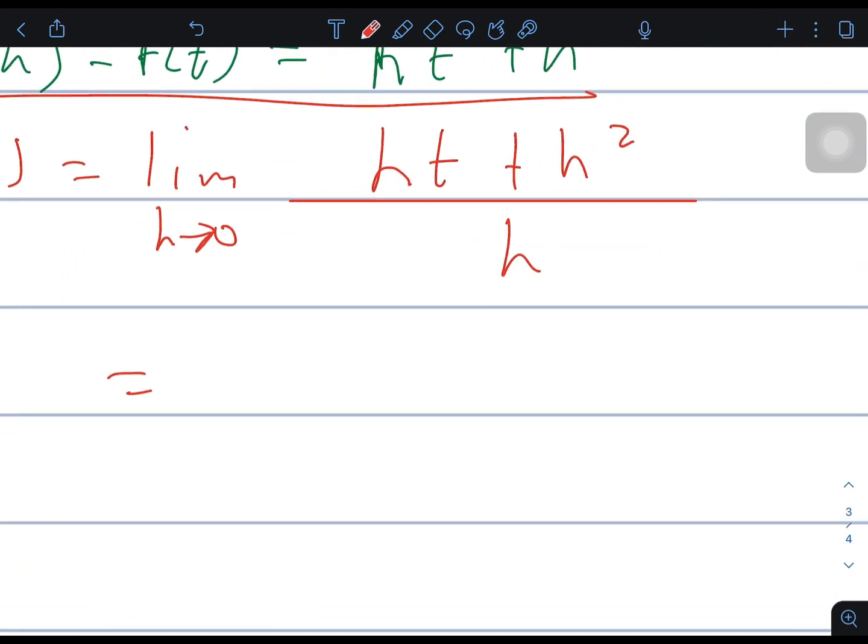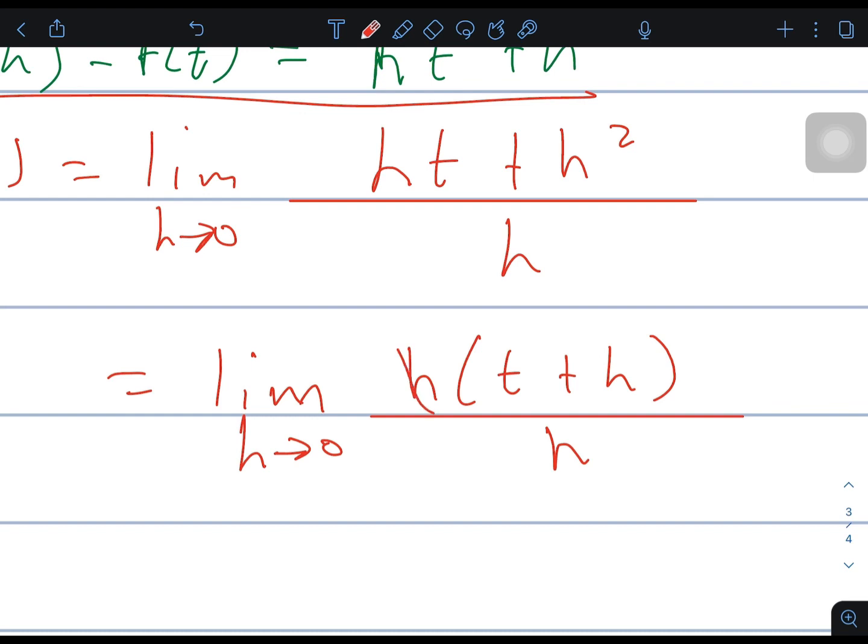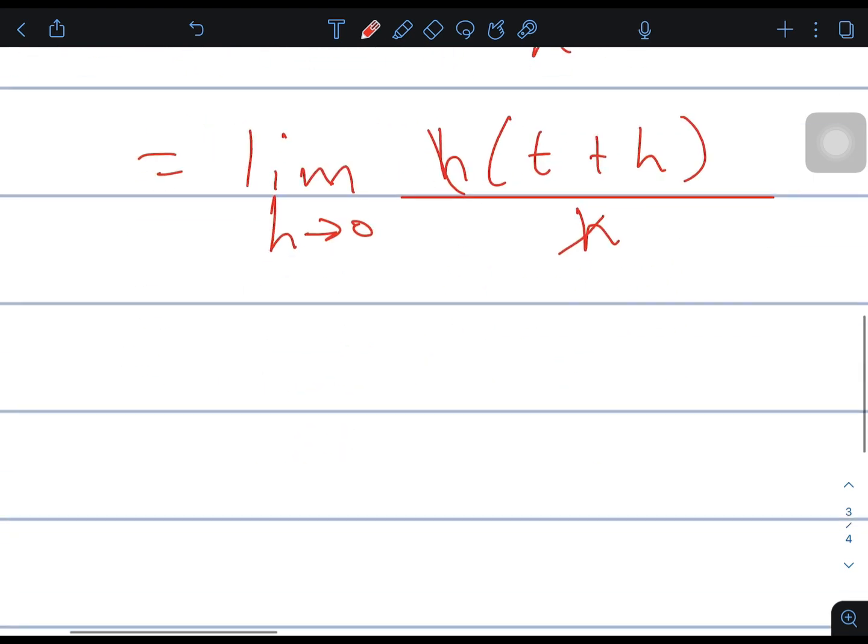So if we take out h as a common factor, we have h times open brackets t plus h. The h cancels, and we remain with the limit as h approaches 0 of t plus h.